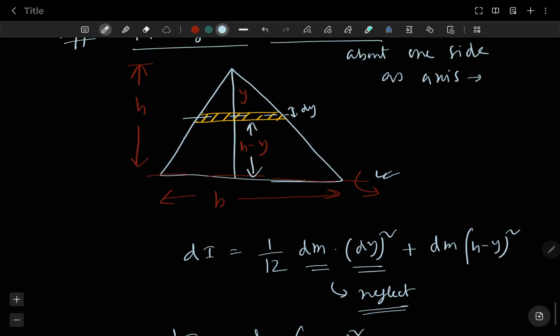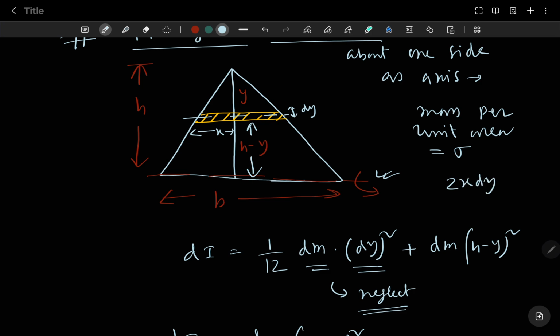Now suppose the mass per unit area is sigma. Now what is the area of this rectangular strip? Let us call half the length x. So the area will be 2x dy, the length into breadth.